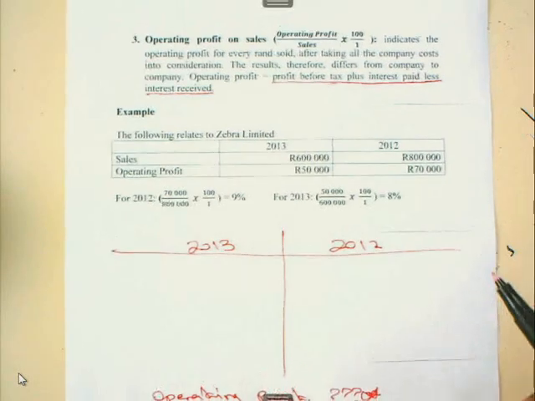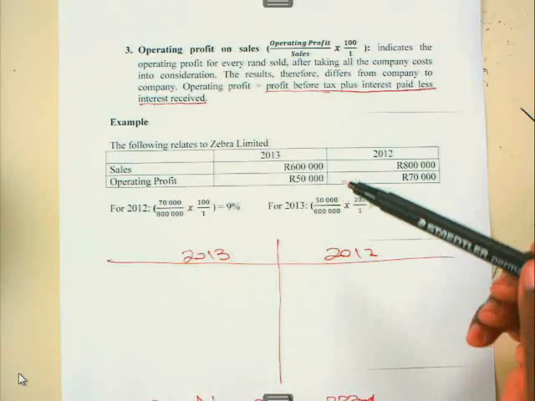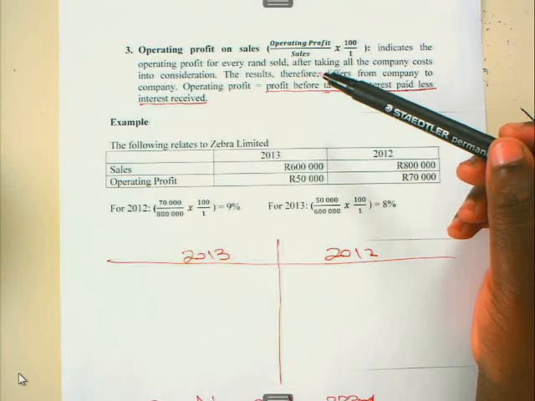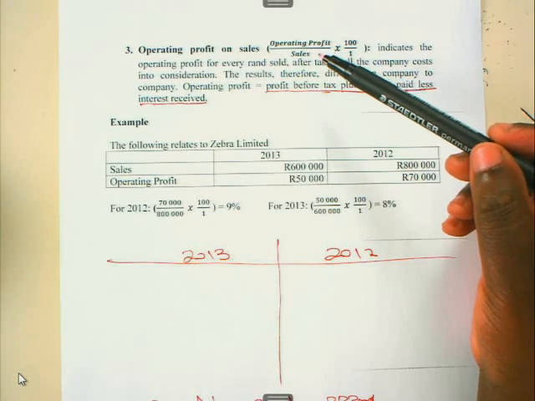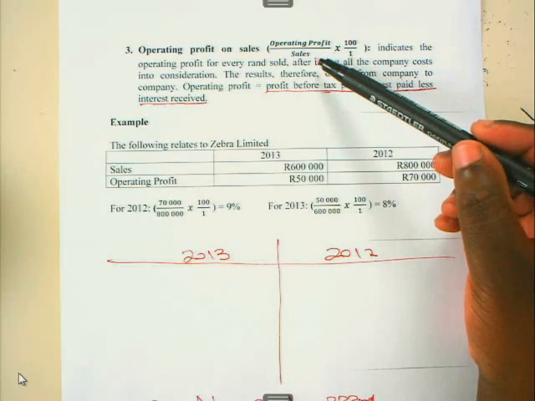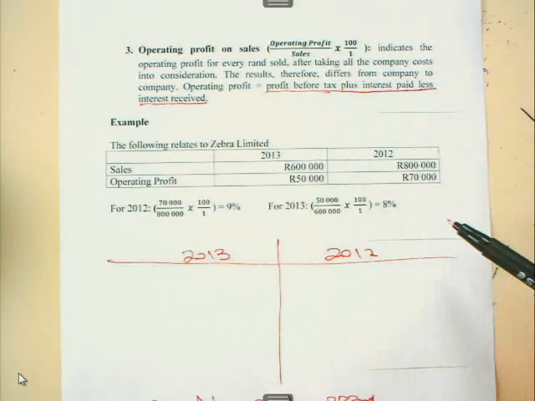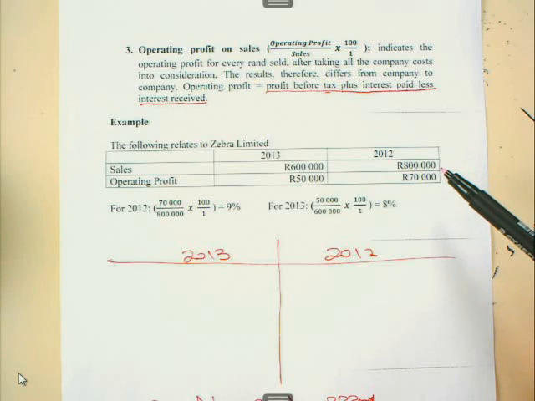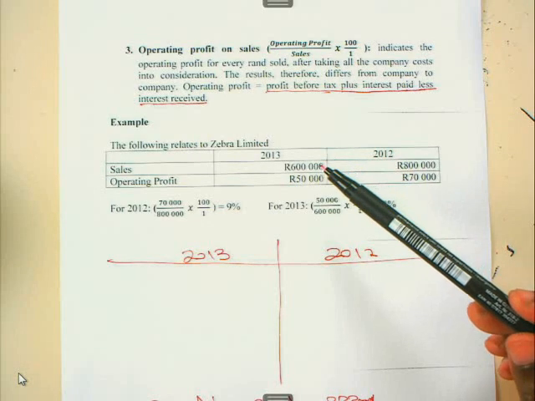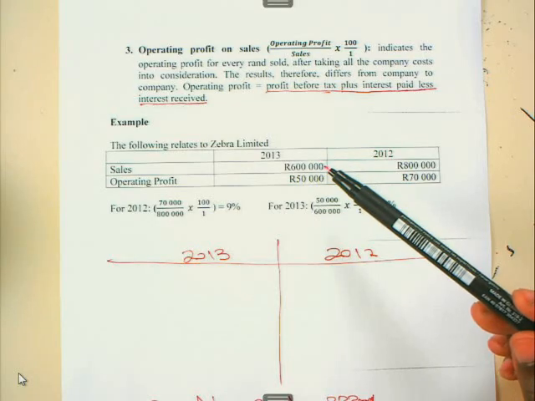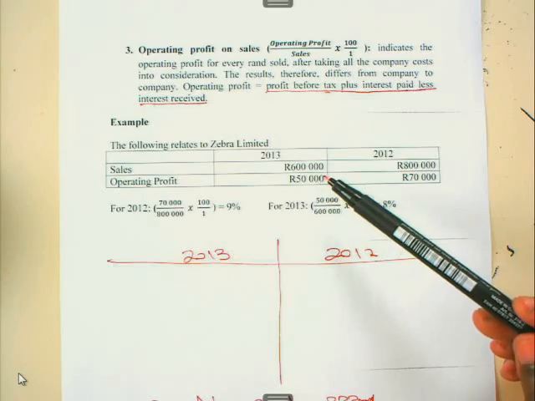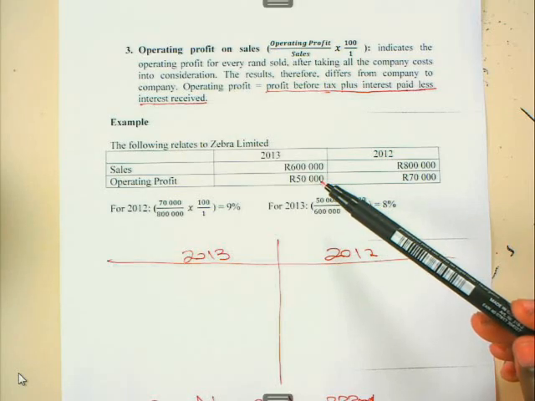The operating profit on sales, I'm sorry, it will be operating profit over sales. For 2012, our sales is 800,000. The operating profit is 70,000. 2013, our sales is 600,000. The operating profit is 50,000.